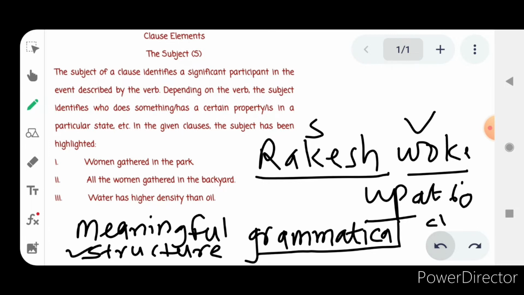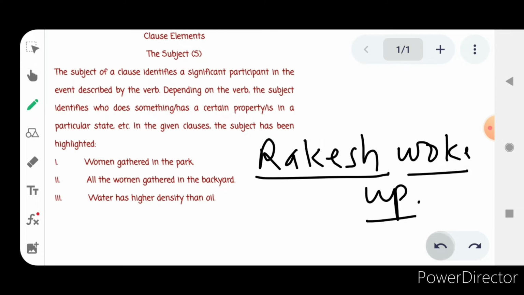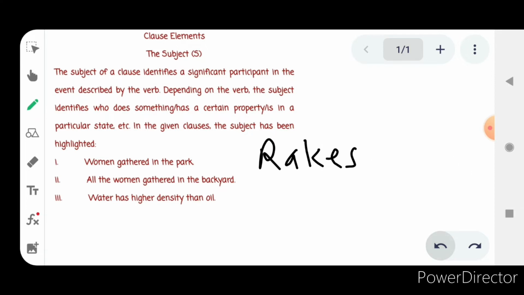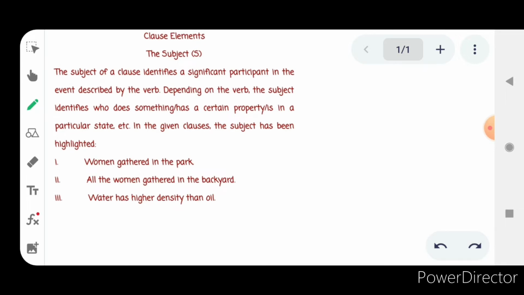Now we will come to the main point of today's lecture. We have to discuss the 5 clause elements one by one, and we have to understand what are these 5 clause elements, okay? First clause element is subject. What is a subject? We have learned what is a subject in our 8th, 9th, 10th and even at the 11th and 12th standard.